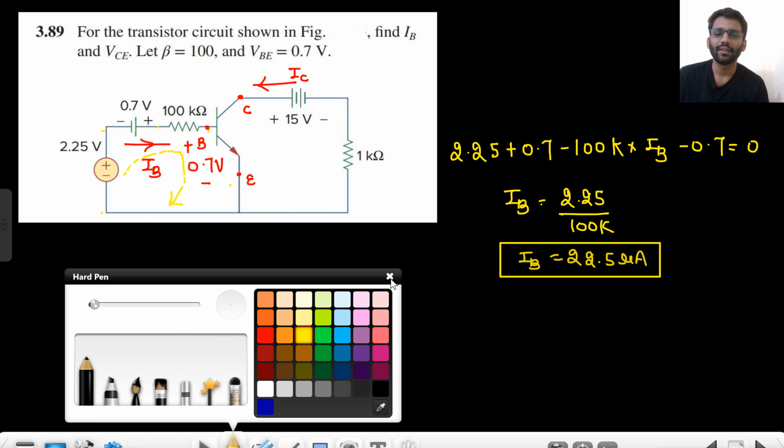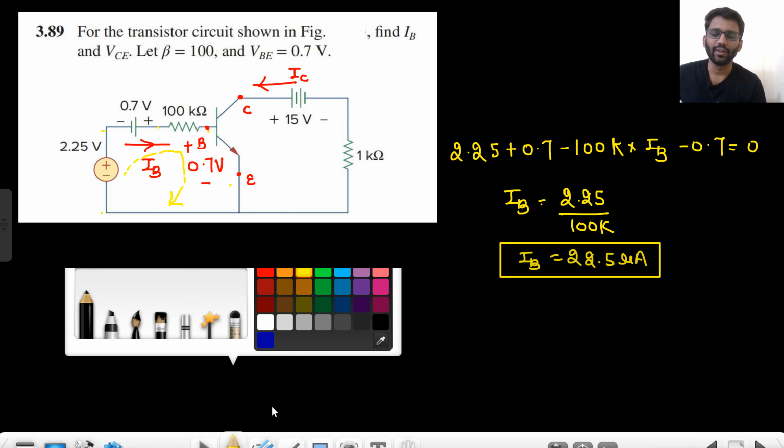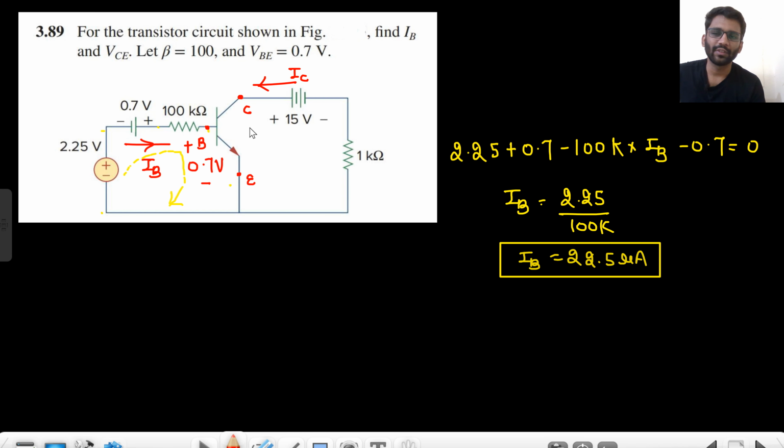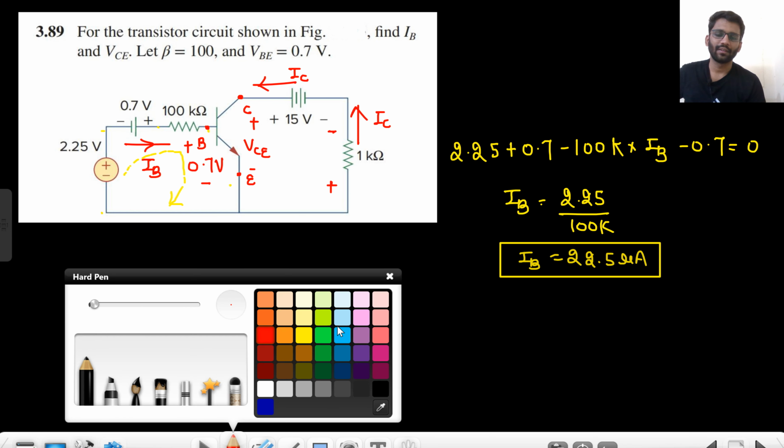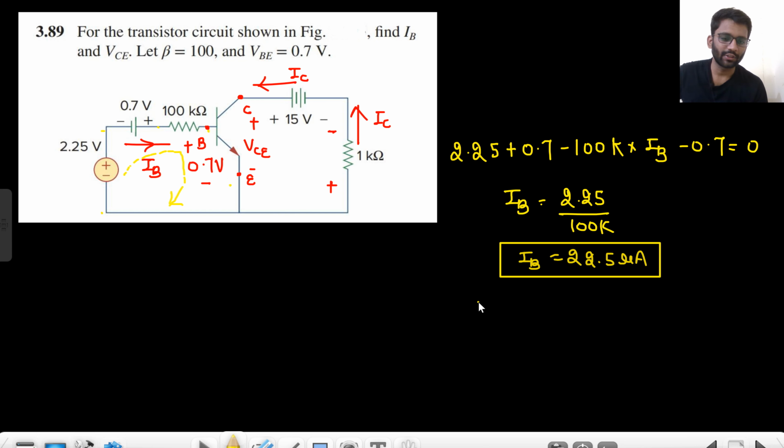Now coming to the VCE part. You need to tell me the potential of this VCE. IC current will be flowing in this manner from here, so this voltage drop will be IC into 1. In analog electronics, you will learn that IC is equal to beta IB.